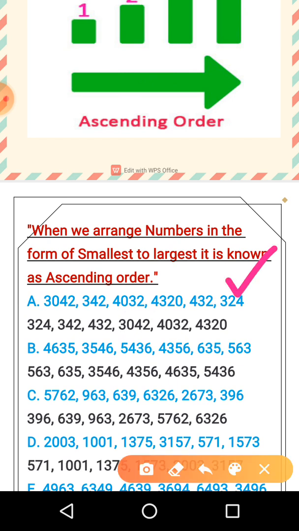So first we write 324, then we have 342, then 432, then 3042, then 4032, and in the last, the largest number, that is 4320. So I hope this question is clear to you.